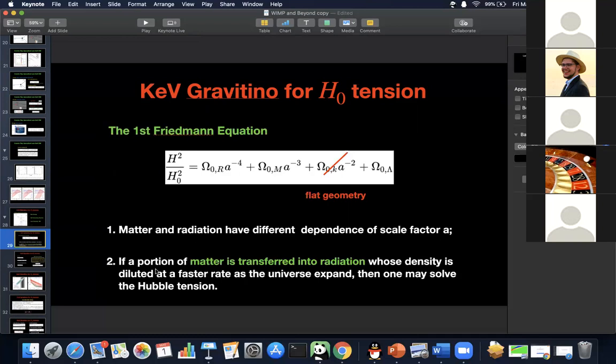The idea is like this: if a portion of the dark matter density is transferred to radiation, we know the radiation density is diluted at a faster rate as the universe expands. In that case, we can reduce these ratios and relax the tension of the Hubble constant.